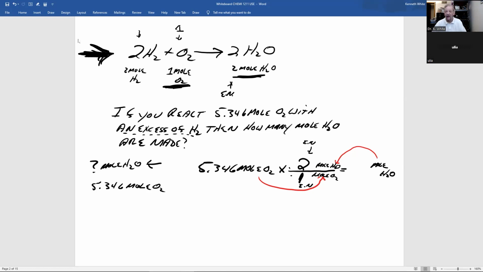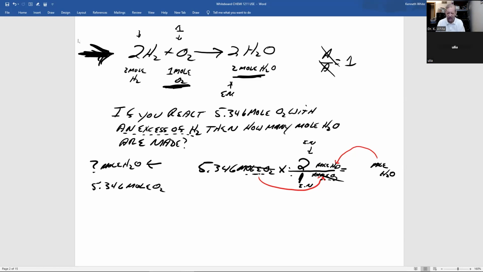Now, before I pick up my calculator, wait. You have moles of oxygen divided by moles of oxygen. And anything divided by itself equals the number 1, which means it's canceled out. And this unit is gone.